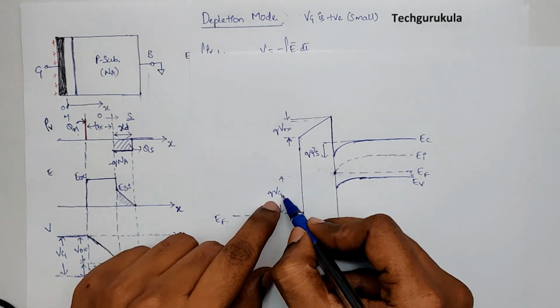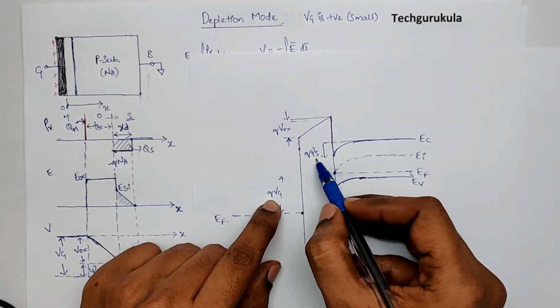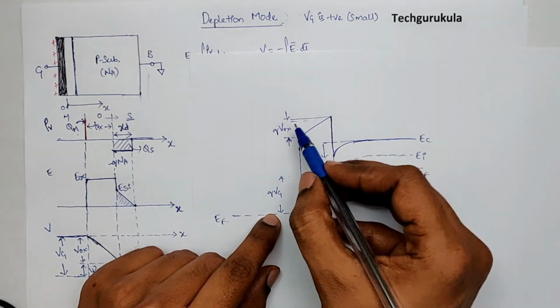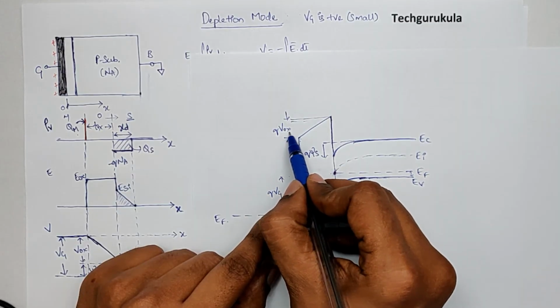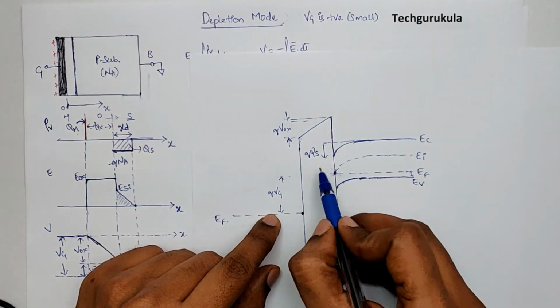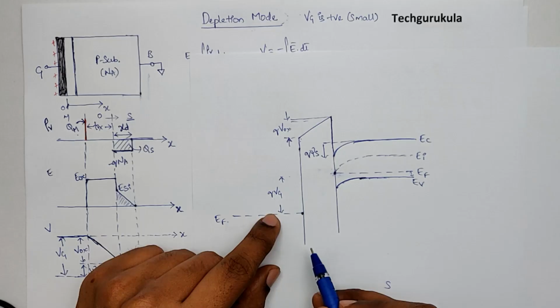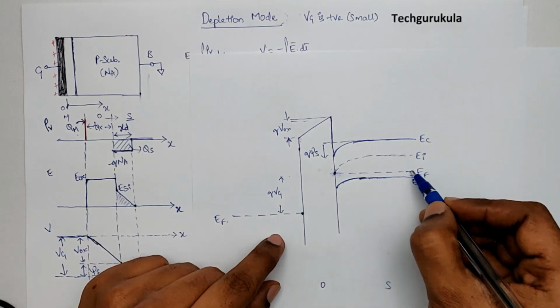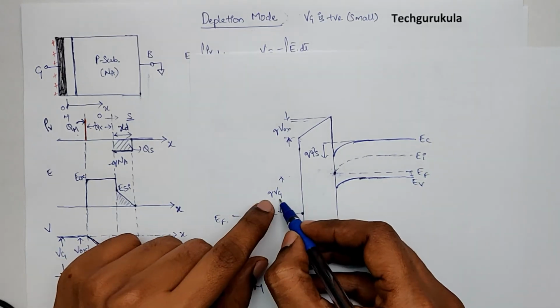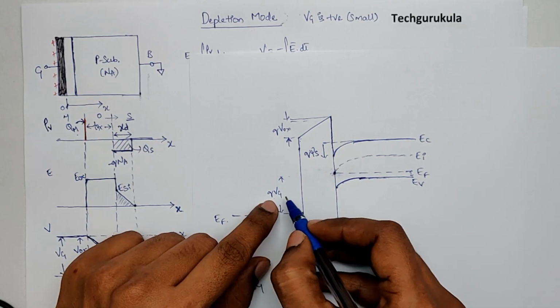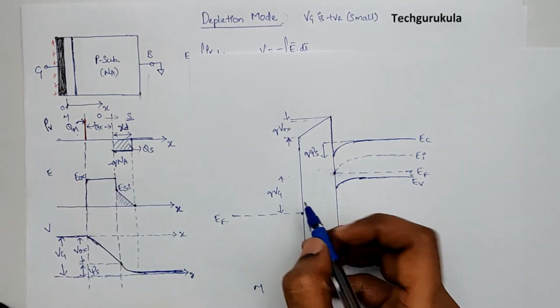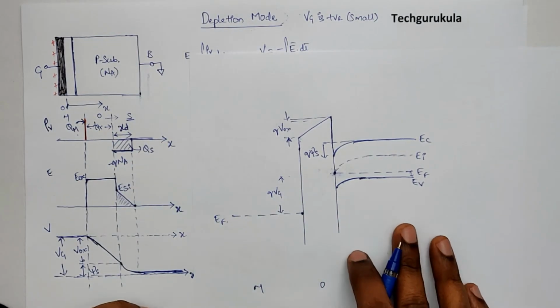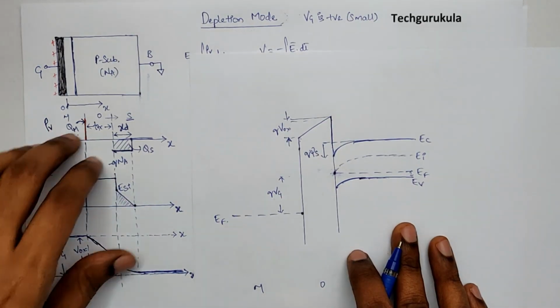Hence, we have written Q times Vg is equal to Q times Vox plus Q times psi S, which means Vg is equal to the potential drop across the oxide plus the potential drop across the semiconductor. Now the Fermi energy level difference would be exactly equal to the potential applied in the ideal MOSCAP. So this is the energy band diagram of the MOSCAP in depletion mode.